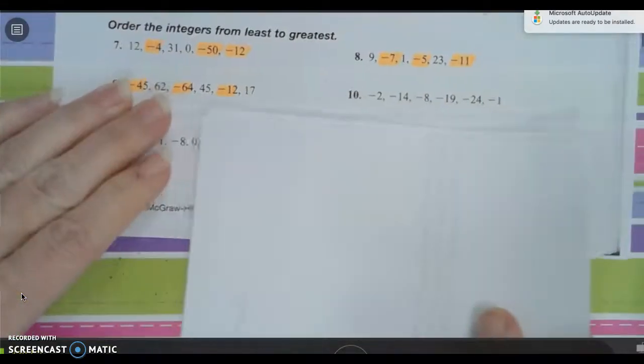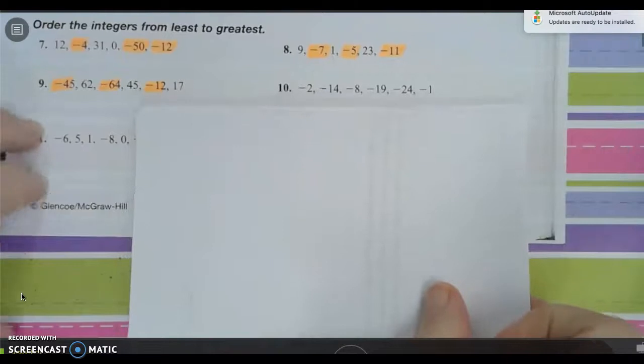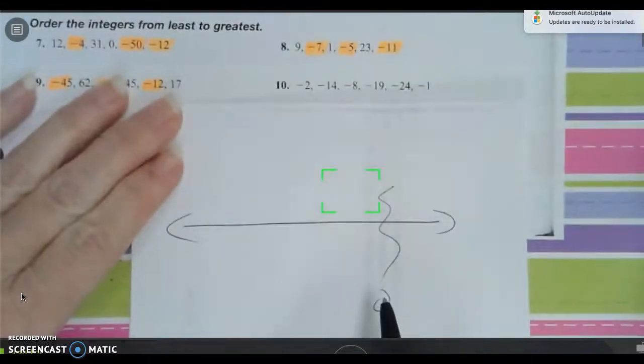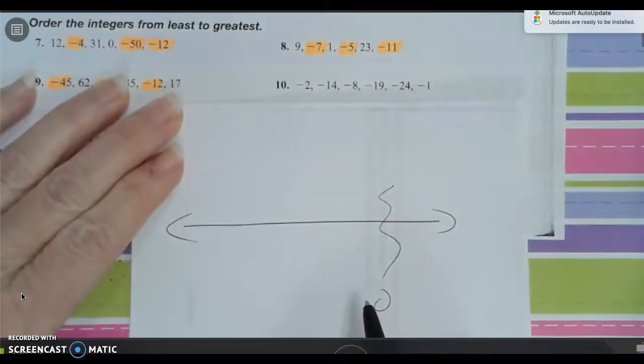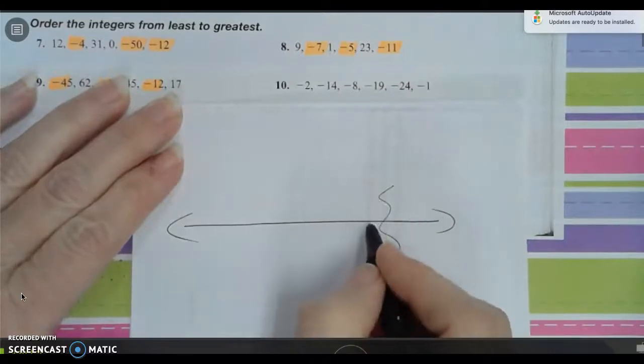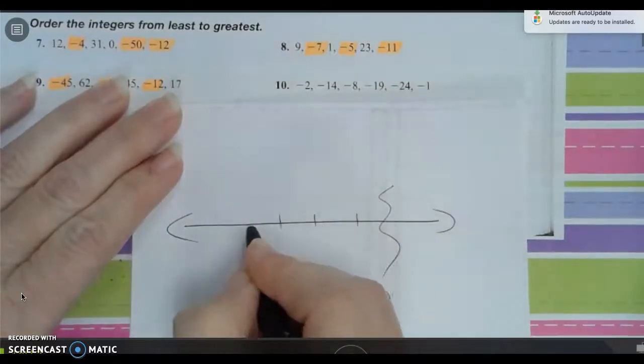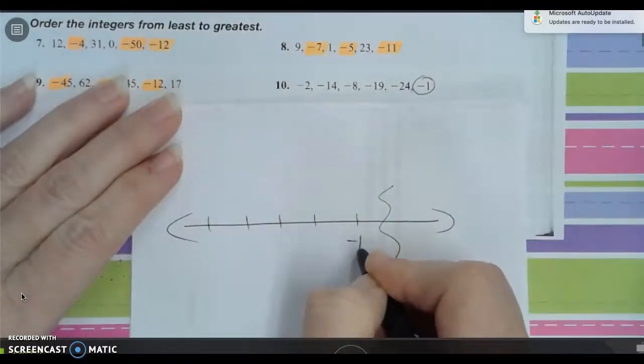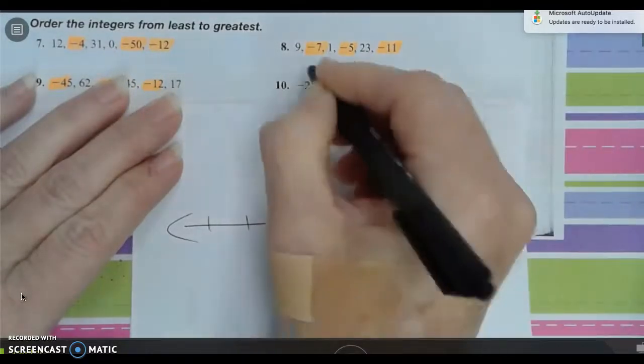All right, one more, and then we're going to try some by yourself. Well, I look up here at these, and they are all negative. So I'm going to put my 0. Oops, I'm sorry, I got out of focus. I'm going to put my 0 way down here at the end. Okay, I know I start with -1, and then I know -2 comes next.